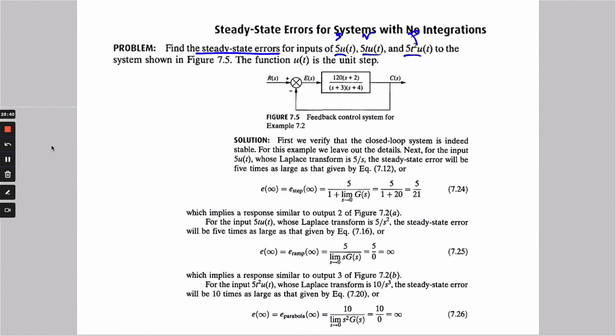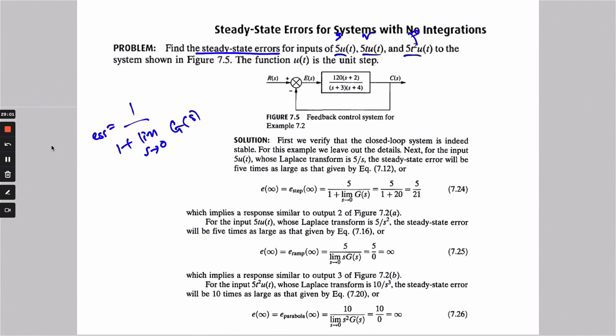So how do we do it? We just use the equations that we have found. For the step, ess is 1 over 1 plus limit s approaching 0 of G(s). This is ess for step input.